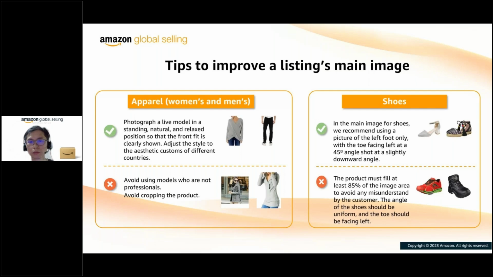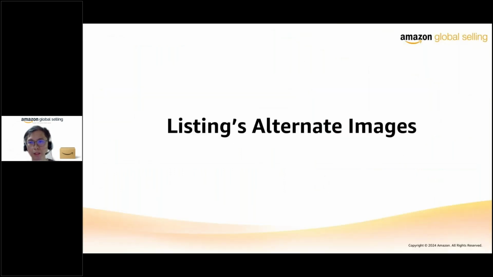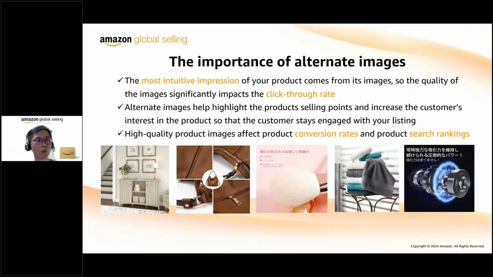Another important feature is the alternate images. You can put a total of, if I remember correctly, 9 images with one main image, so you have the option to put up to 8 different alternate images on top of your main image.